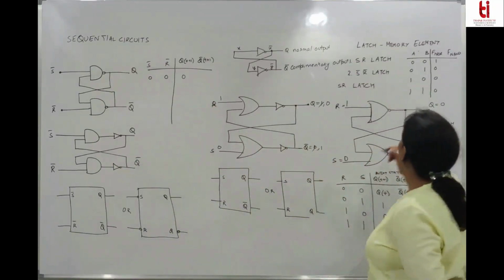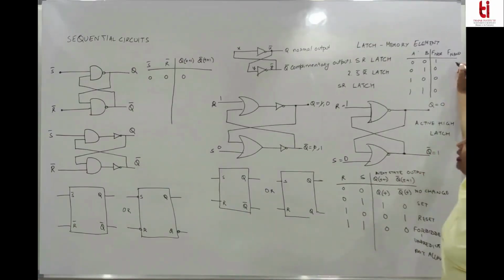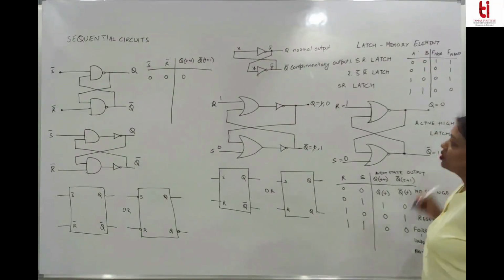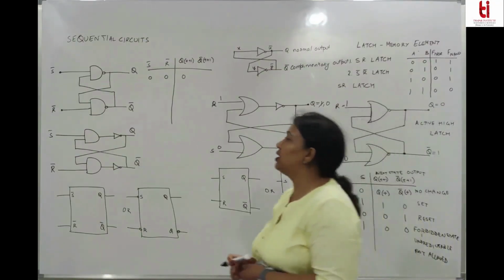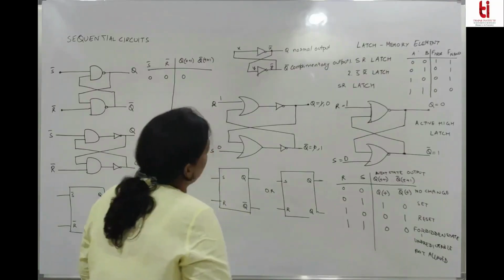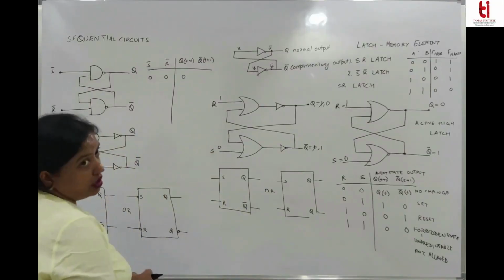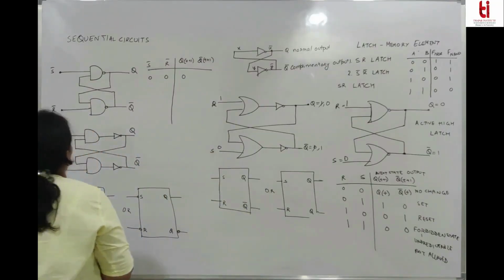So in this NAND latch, what is a NAND? If both inputs are 0, the output is 1. If one is 0 and the other is 1, the output is 1, and if both are 1, the NAND will give you 0. So if any of the inputs is 0, the output is going to be 1 for a NAND.